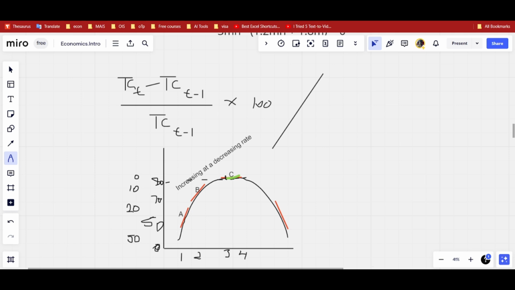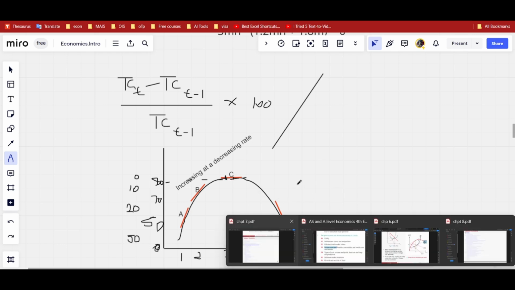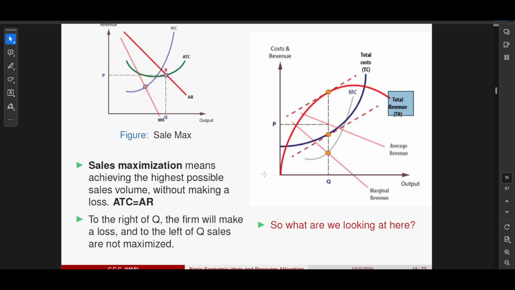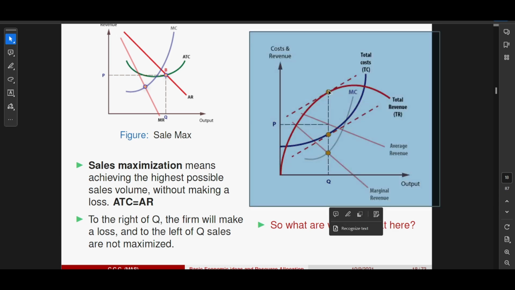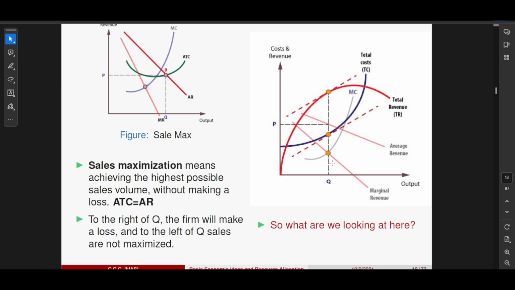If we look at that situation here, this is what we're saying. Here is where the marginal cost is equal to the marginal revenue, right? So this is the profit maximization.